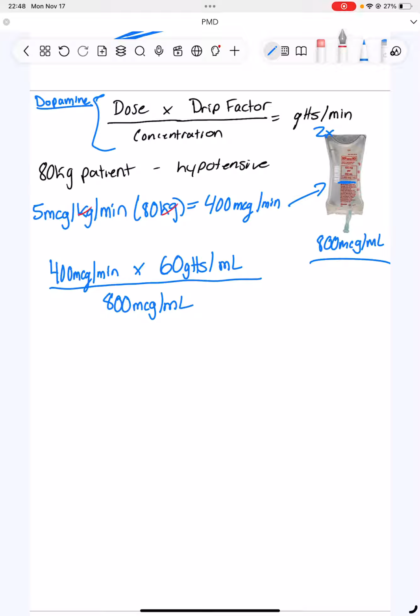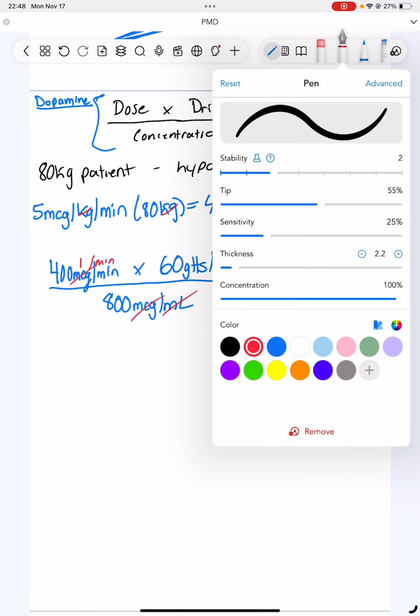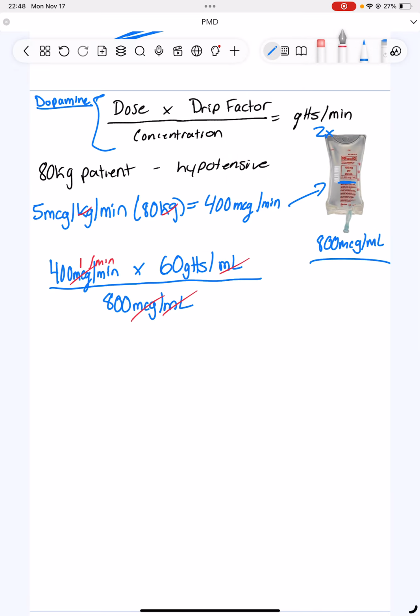Now you have the funnest part of math. You get to cancel things out. And we get 1 over minutes. Here's how this will work. Because you can see our minutes and drops aren't really working out here. So what's happening here now is that we have 400 times 1 over minutes, okay, times 60 drops.